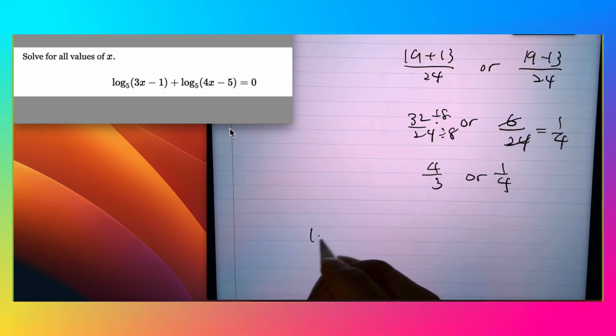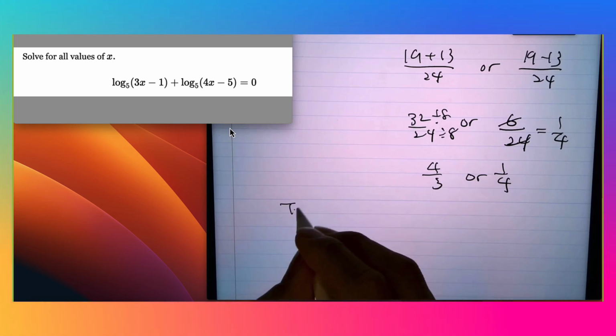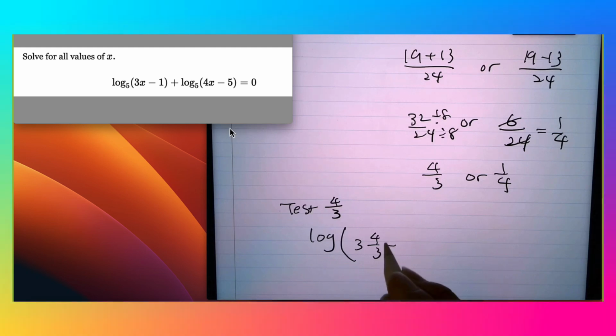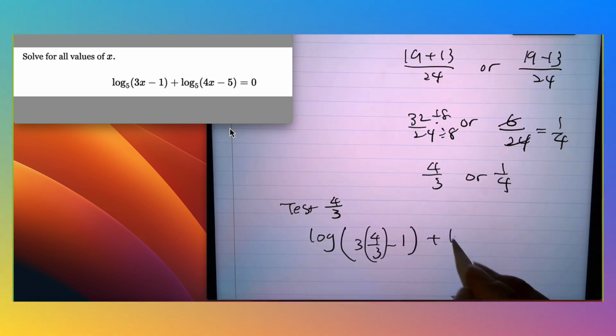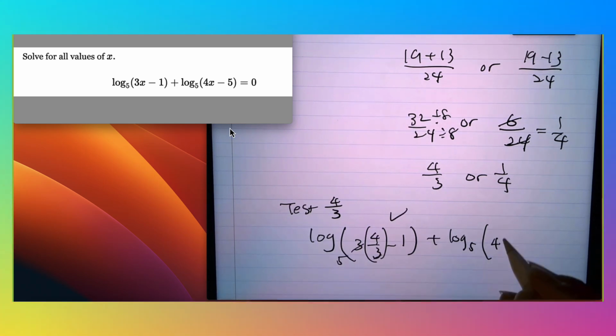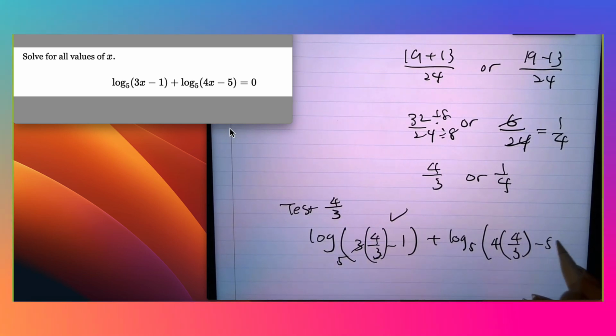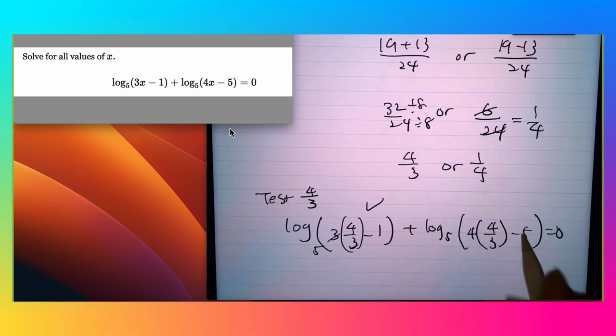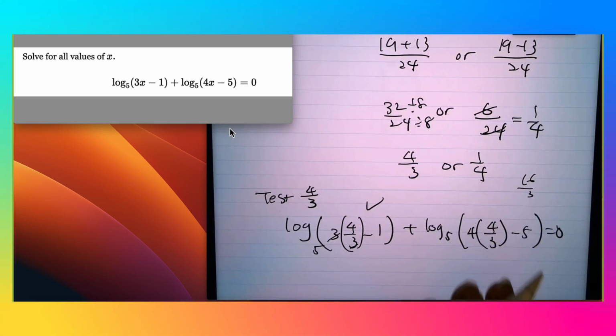So let's test, or double check, 4 over 3. Okay, this is fine because you have a log of 3. 16 over 3 is over 5, so we're not making it equal to 0 or negative.